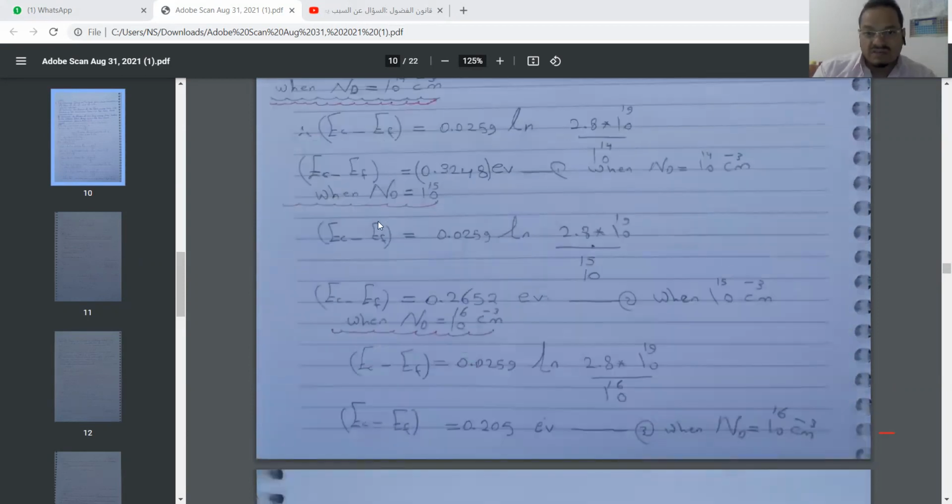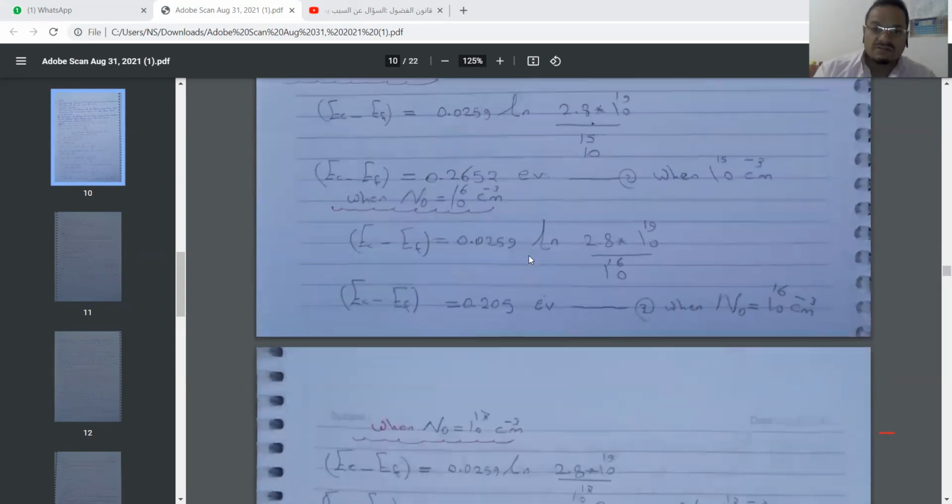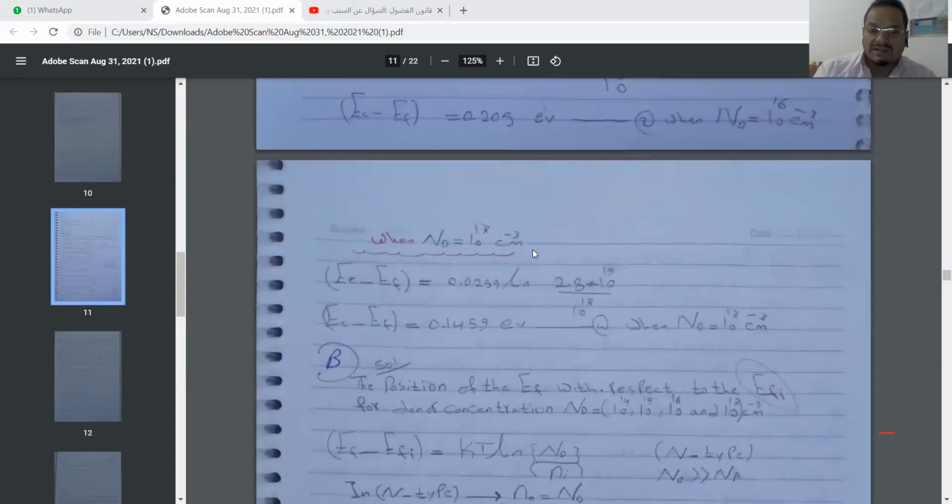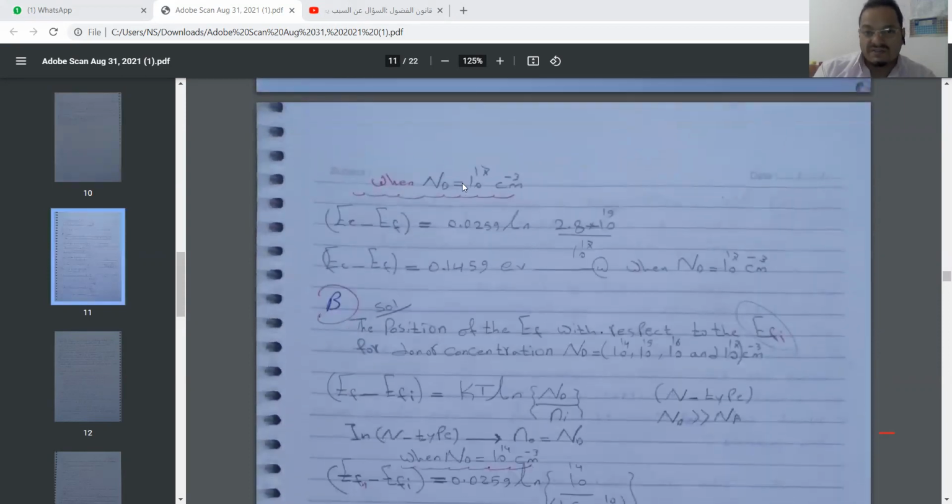It will be the same calculation, we just reset here exponential 15 instead of exponential 14, and we calculate all of these. Here at last, exponential 17, the same situation, the same calculations.